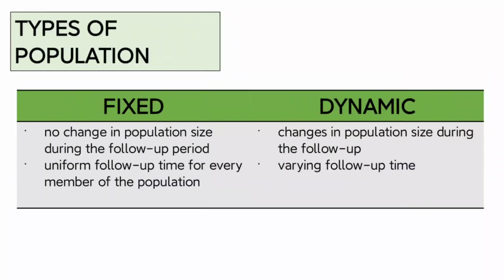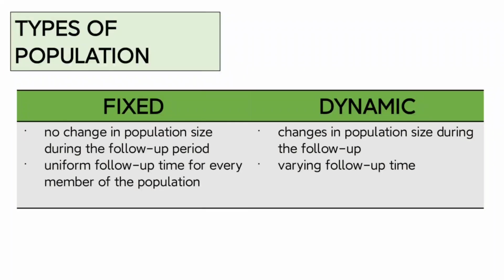And for you to better understand or para mas makapag-decide ka ano yung gagamitin mong particular formula for this incidence measure, you need first to identify yung type of population doon sa particular problem mo. Okay? If it is fixed or if it is dynamic.